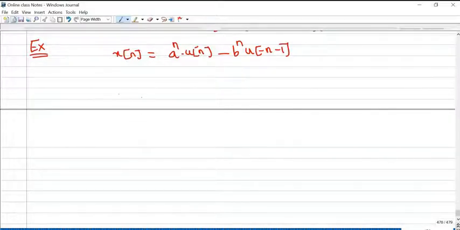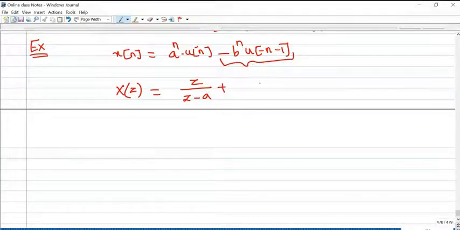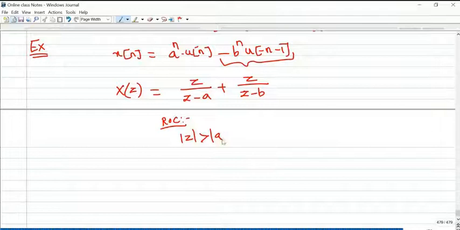Okay. So now I'm not going to solve separately in detailed manner because just now we completed a power n u of n. What is the result? Z divided by Z minus a. Minus b power n u of minus n minus 1. What is the result? Z divided by Z minus b. But the condition for ROC, first term: modulus Z is greater than a.